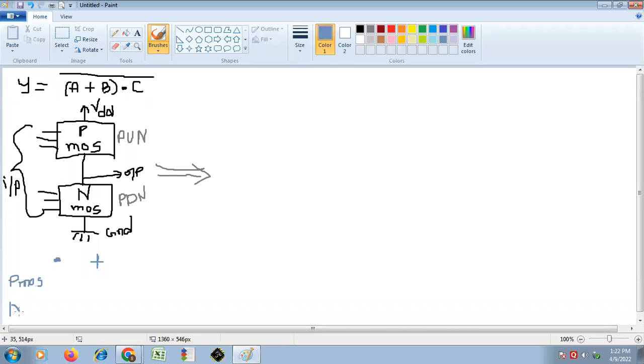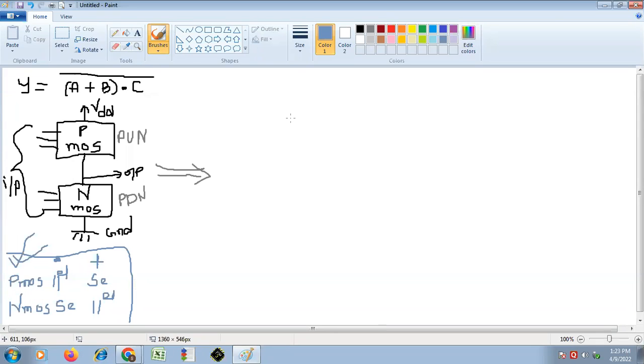For PMOS, a dot product is connected in parallel and an add product in series, and exactly reverse is the case with NMOS. For NMOS, dot has to be connected in series and plus in parallel. This is a very important rule we use everywhere, so you have to remember this. From next time we will not write this, we will directly implement.